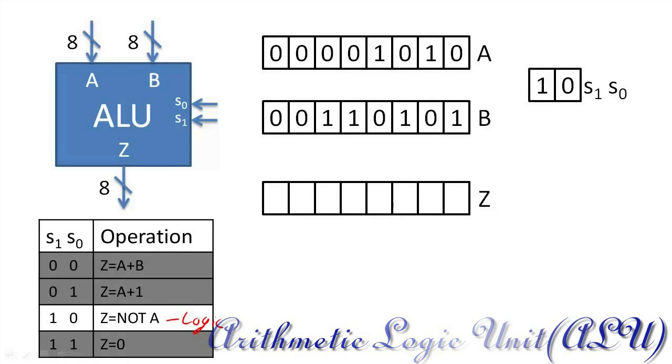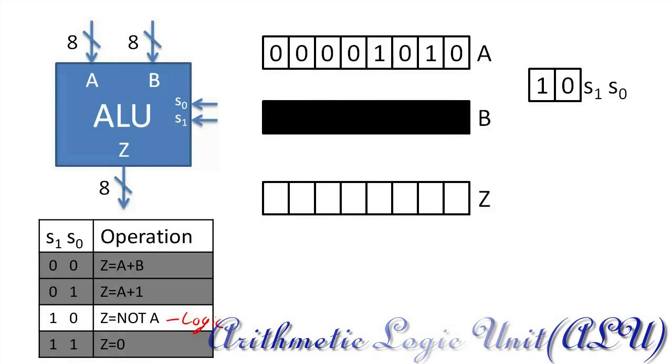The NOT operation receives only one set of inputs, so again, the ALU will ignore the inputs from B. The NOT operation changes all 0s to 1s and all 1s to 0s. The NOT operation is applied to each bit in the register individually, otherwise called a bitwise operation.